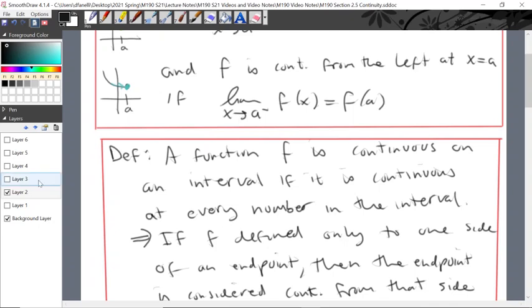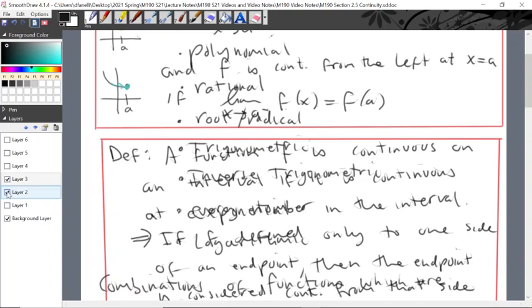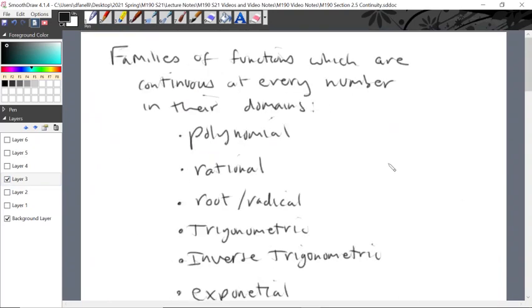So we'll take a look at some families of functions and where they are continuous. So polynomial functions, nice and smooth, things like this, on all real numbers. Rational functions, we might have ones with vertical asymptotes in them, for example. And so say this is the function y equals 1 over x, and let's say we have a vertical asymptote at x is equal to 0.